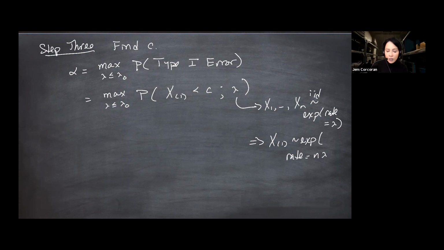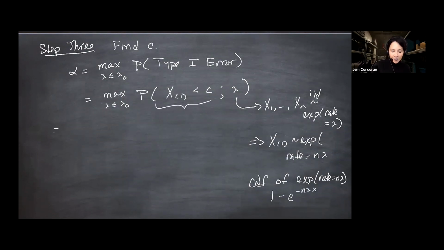And so this probability is the CDF of an exponential, right? The CDF of the exponential with rate n lambda is 1 minus e to the minus n lambda x. So I'm just going to use that up here. This is the minimum. So there's no standardizing, something people always ask in a lower level course, not you guys: why didn't you subtract the mean?